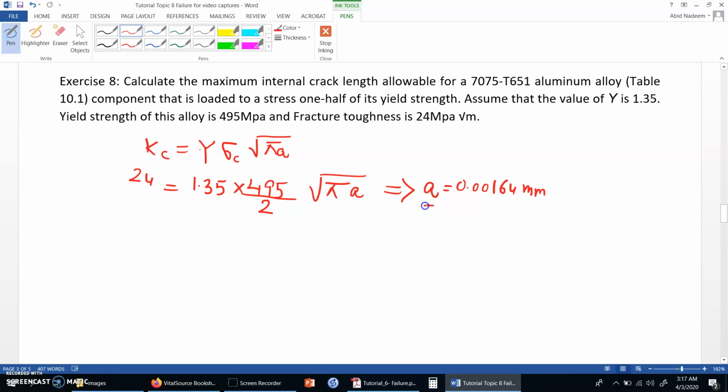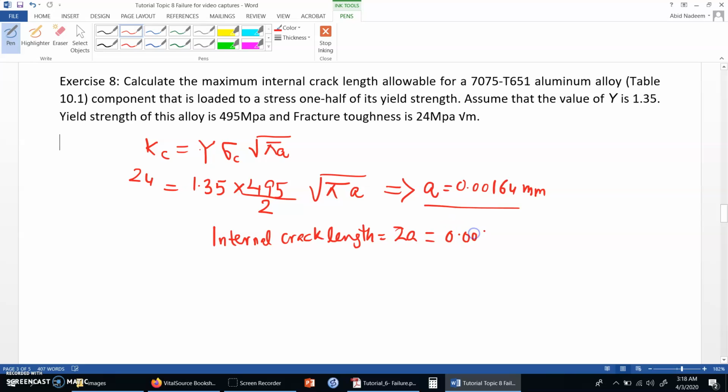So this is half of the internal crack length, because the internal crack length is not A, internal crack length is 2A. So whatever the answer which I will get from here, I need to double that.